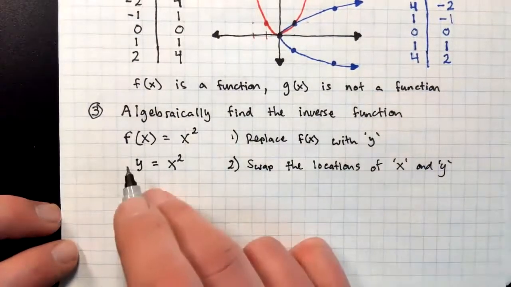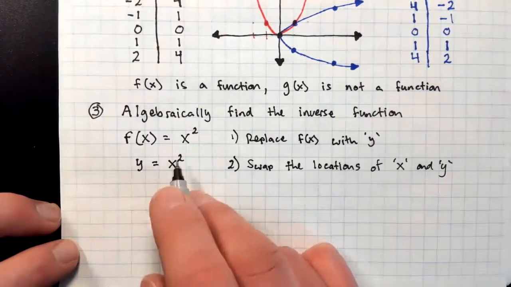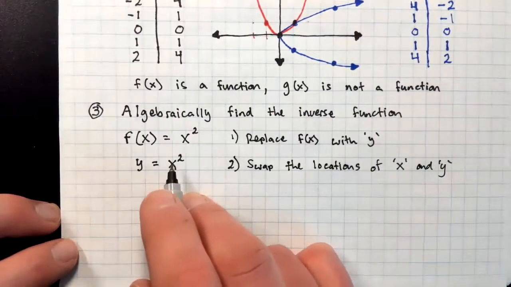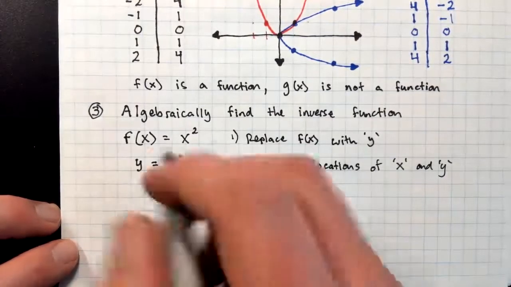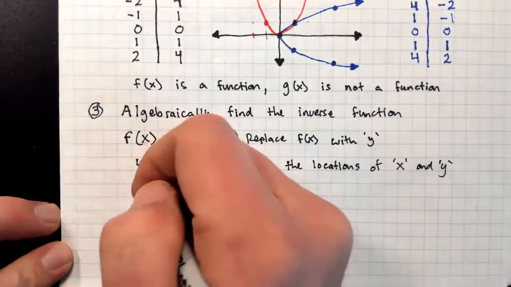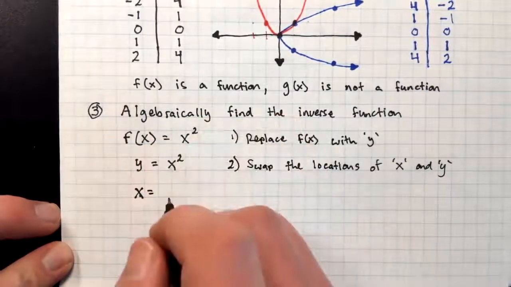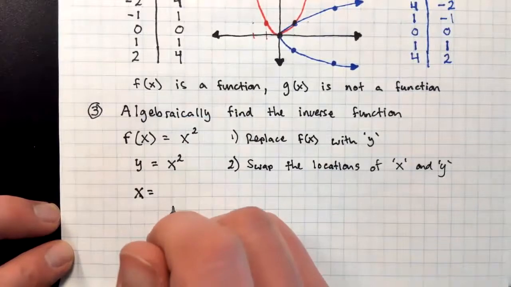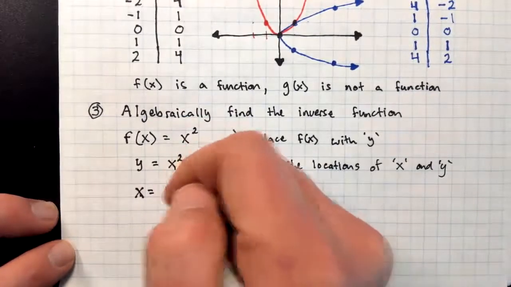So instead of reading this as y equals x squared, I'm going to read this as x equals y squared.